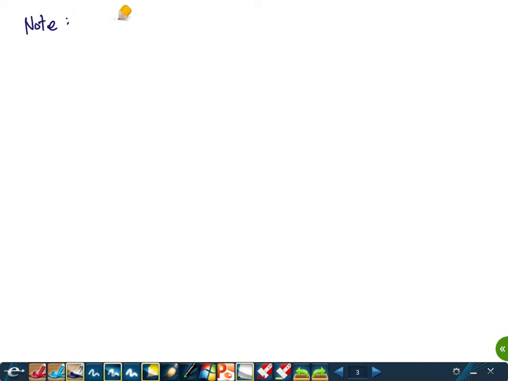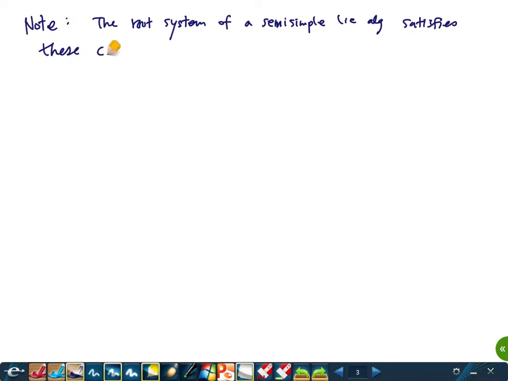So the root system of a semi-simple Lie algebra, every root system of a semi-simple Lie algebra satisfies these conditions, right? So that means the root system of a semi-simple Lie algebra is really a root system in our definition, right?